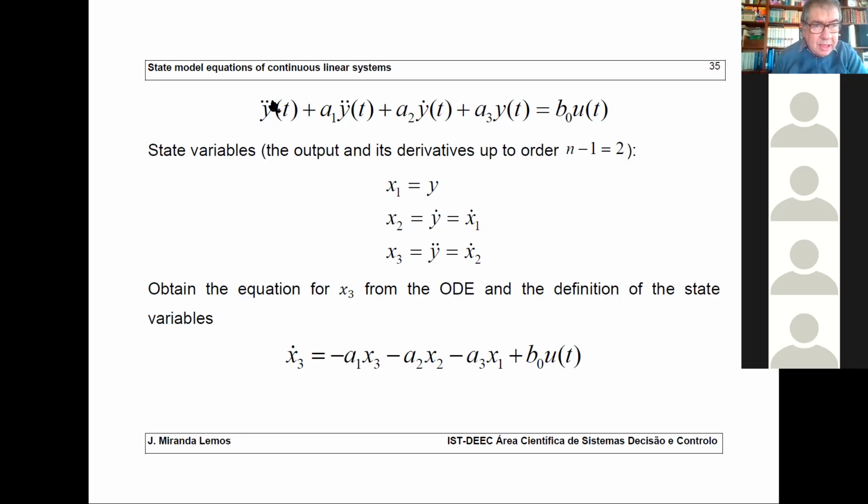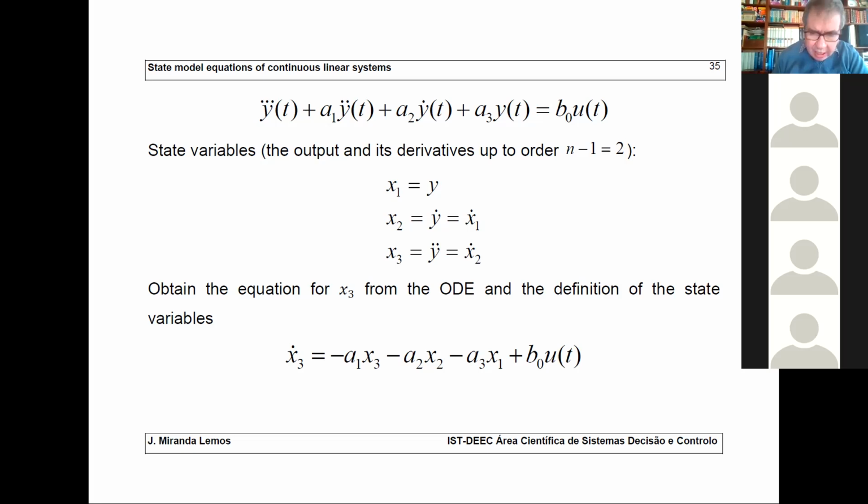And this is the derivative of the second derivative of y, and the second derivative of y is nothing more than x3. So this reads the derivative of x3. Now I solve it with respect to x3 dot and I get this final line here. Is this clear? So this equation and the other equations define the state model. Okay, you can write it in particular in a matrix form.